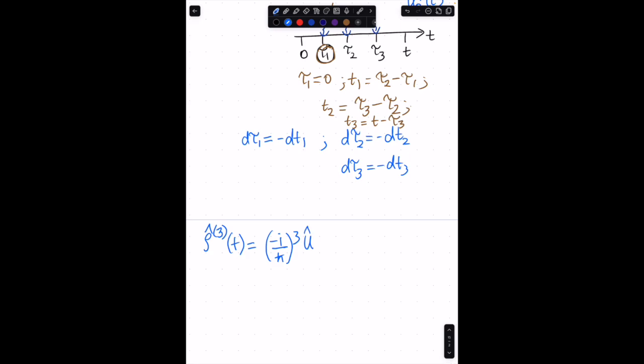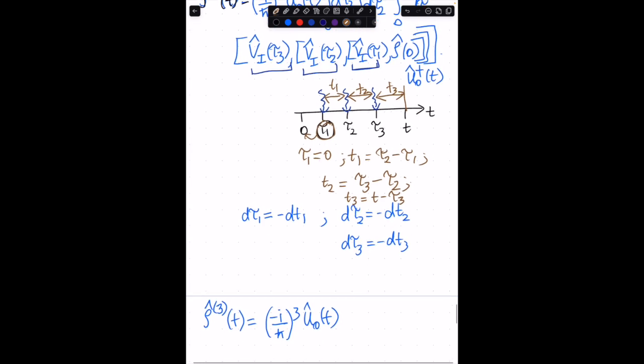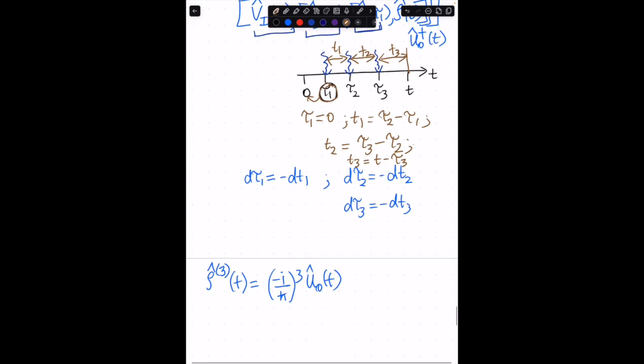First you have the U hat 0 t, where if I consider this to be t1 and this to be t2 and this to be t3, and this has been shifted to 0, then time t will just be t1 plus t2 plus t3. So I shall start using that here. T1 plus T2 plus T3. So that's our first change here.